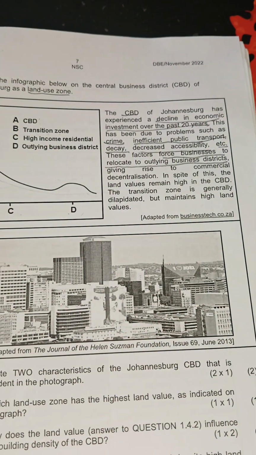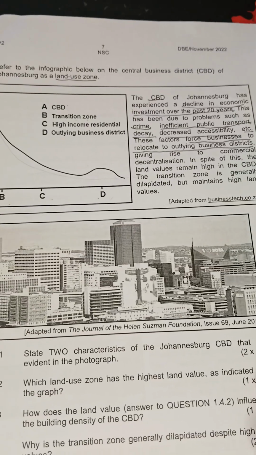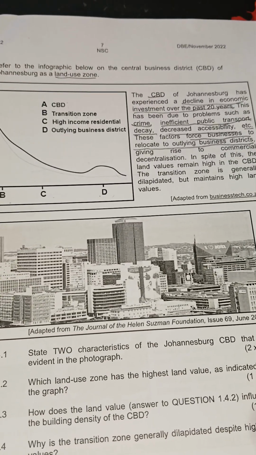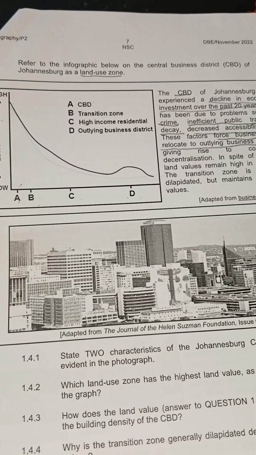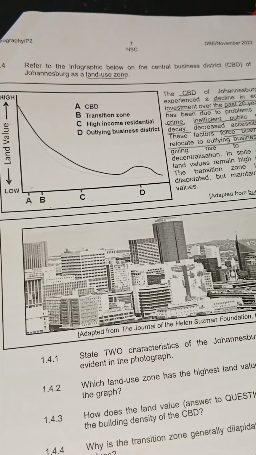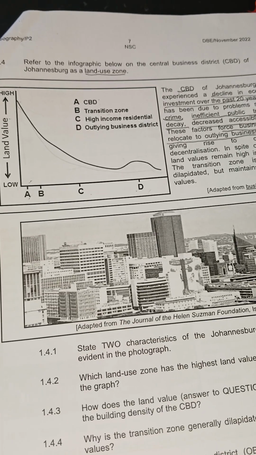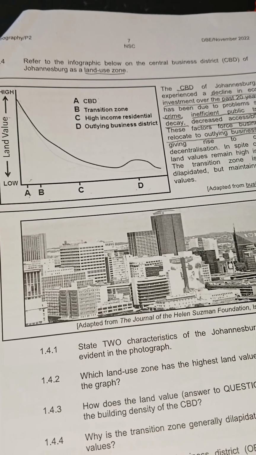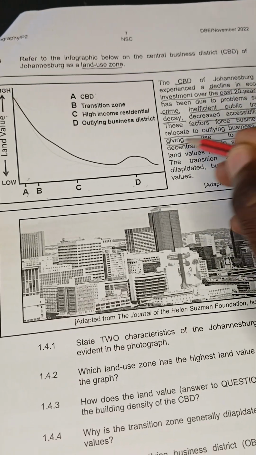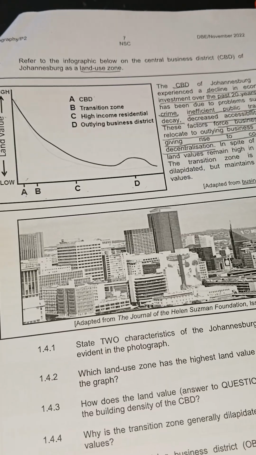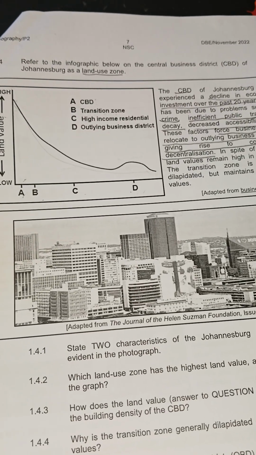Remember, when a business is being run, it's a profit motive. The moment you're not making profit, it's not viable. You need to operate in an area where you can generate revenue compared to the money you are going to spend, giving rise to commercial decentralization. These businesses are being moved from the CBD towards the outskirts, or what we call the outlying business district.